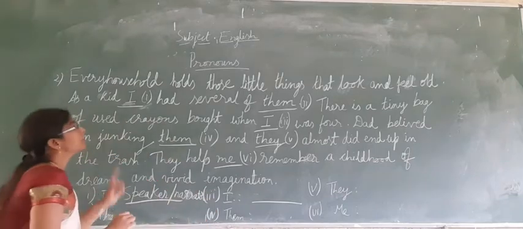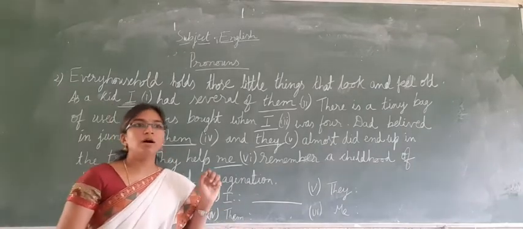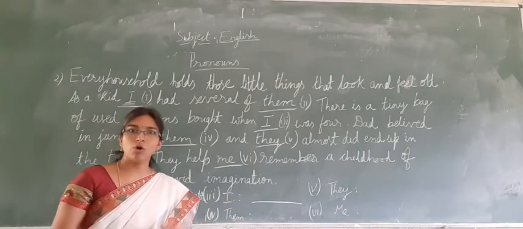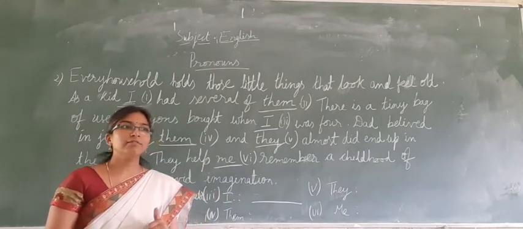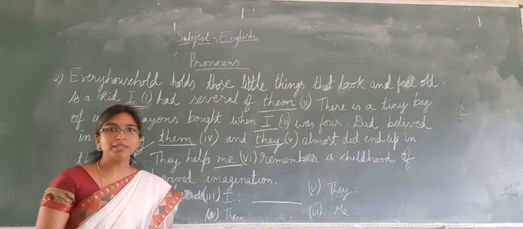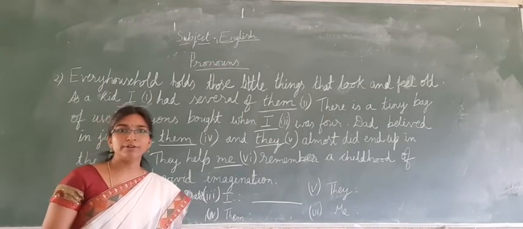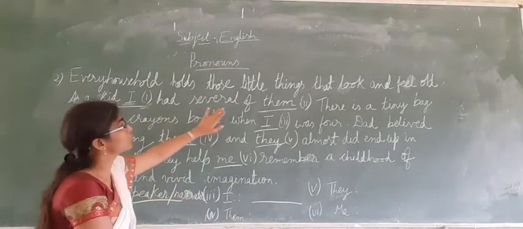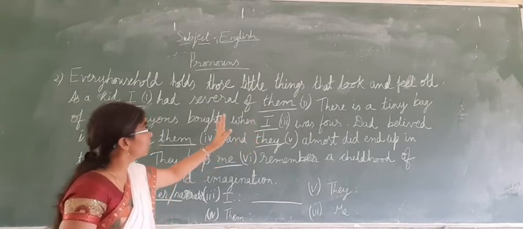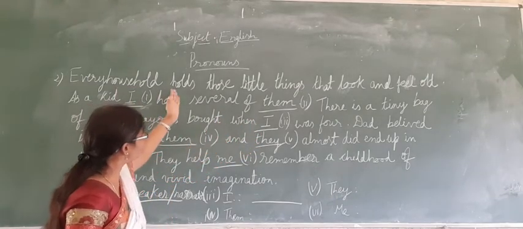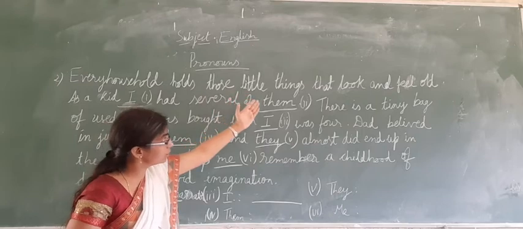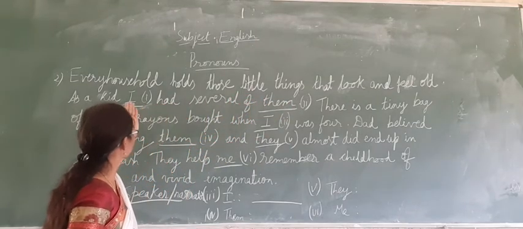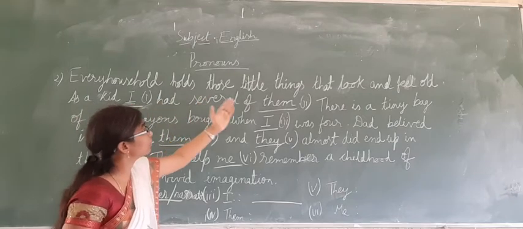Okay. Several of them. Now you need to post a question for them. Several of what? Several of them. What does them refer to? We say I had several such things. So which ones? Every household holds those little things that look and feel old. As a kid, I had several of them.